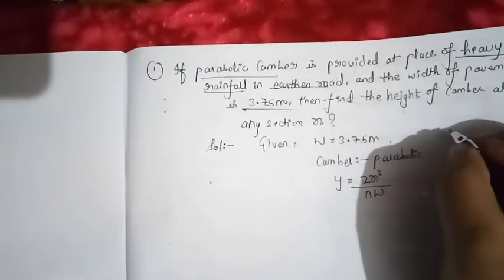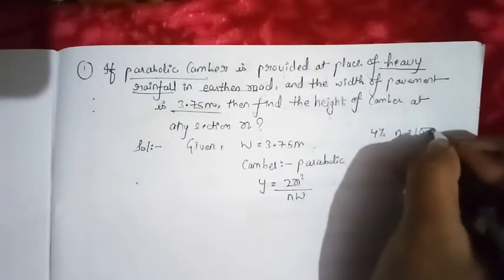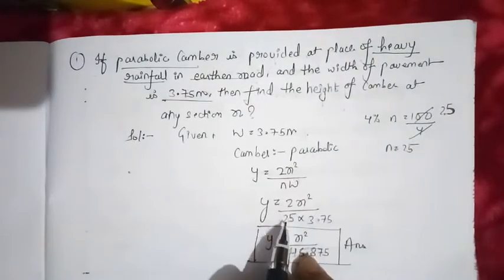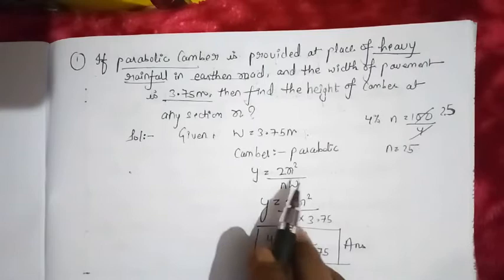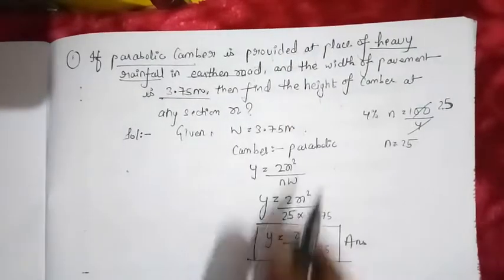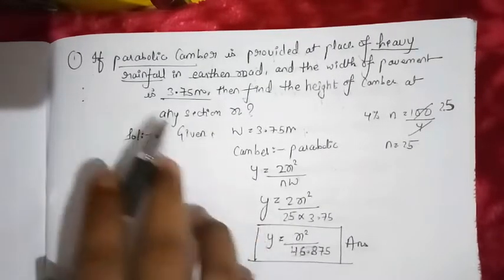So N is equal to 100 by 4, so N is 25. If you put the value of N in this formula, N is 25 here and the width is 3.75. So we will get the value of the height of camber as x square by 46.875. This is the answer of this question.